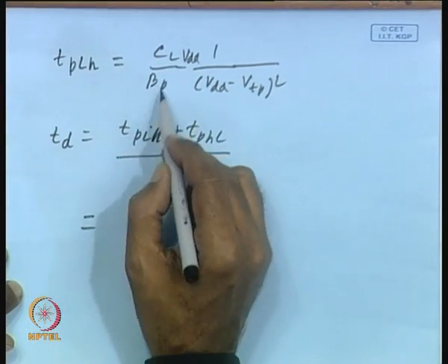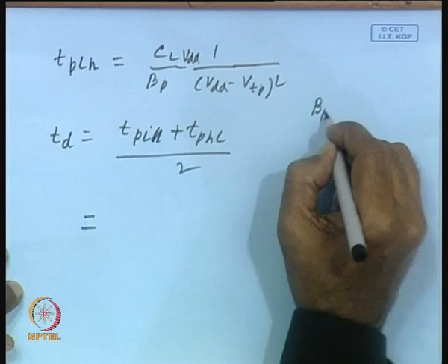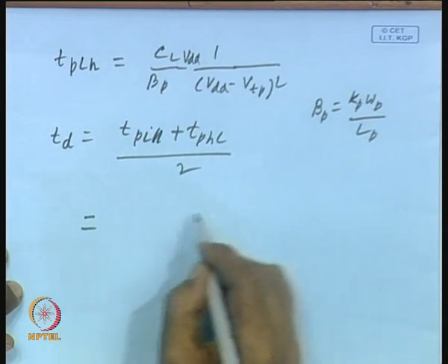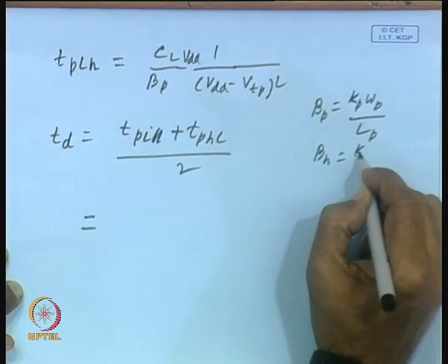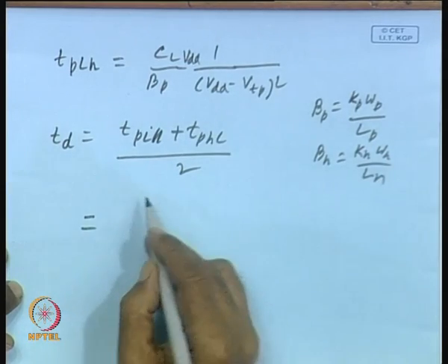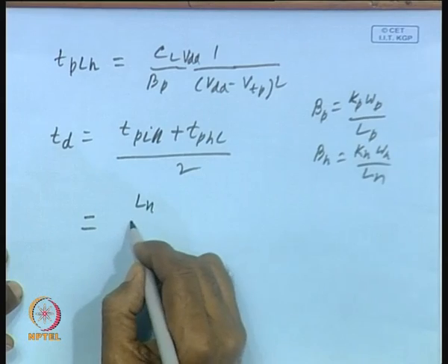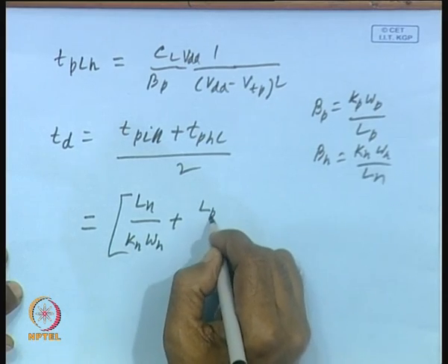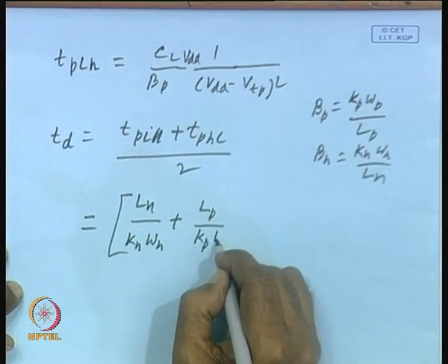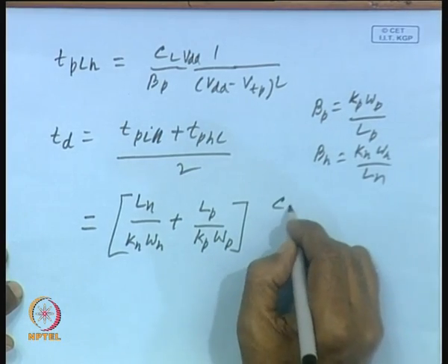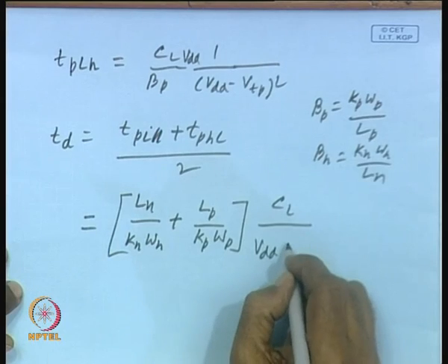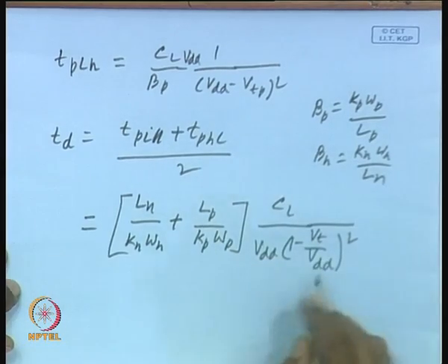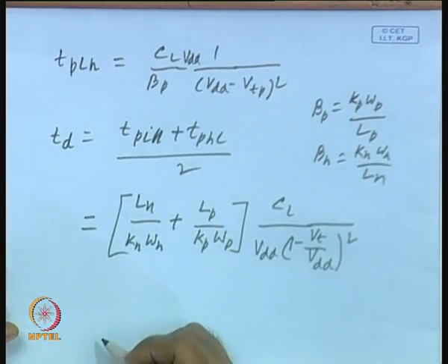By substituting beta p is equal to Kp Wp by Lp as we know, and similarly beta n is equal to Kn Wn by Ln, the expression that we shall get will be equal to (Ln by Kn Wn plus Lp by Kp Wp) into CL by VDD into 1 over (1 minus Vt by VDD) square. This is the expression that we are getting ultimately for the delay time.